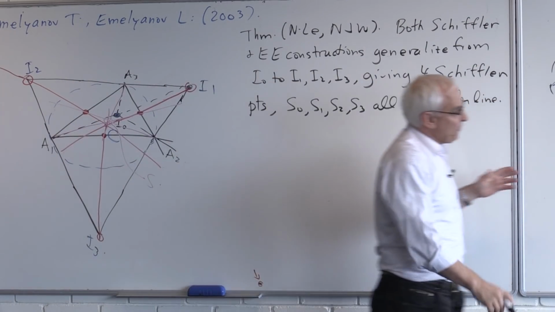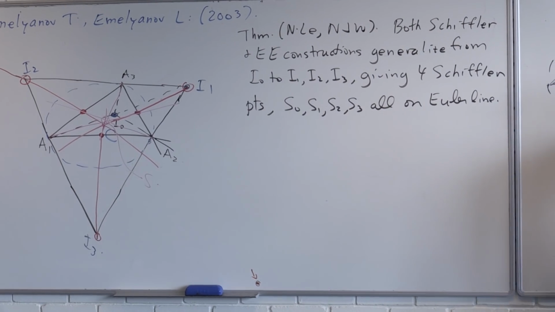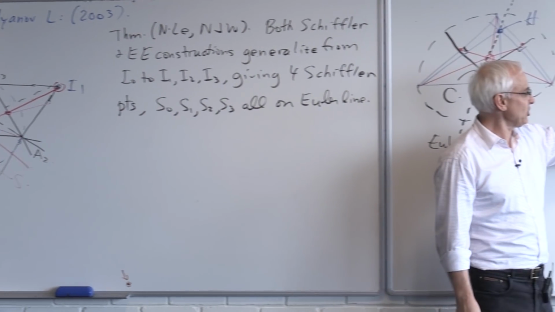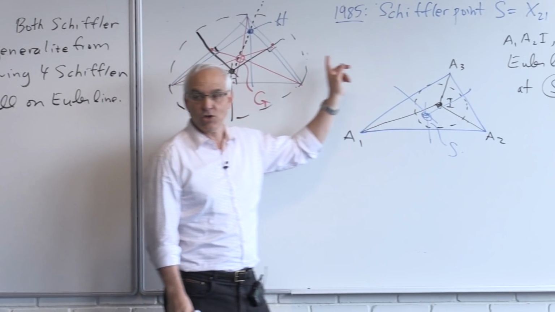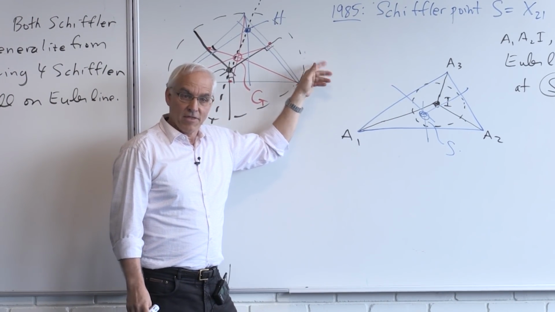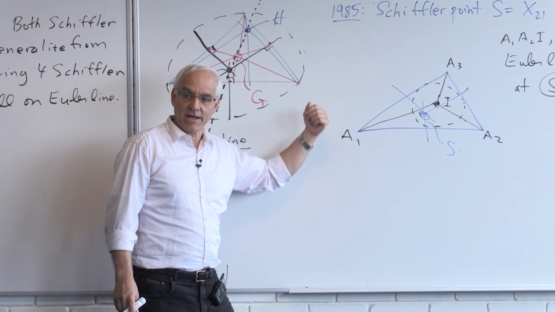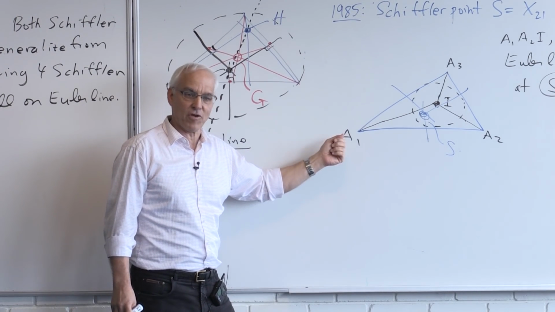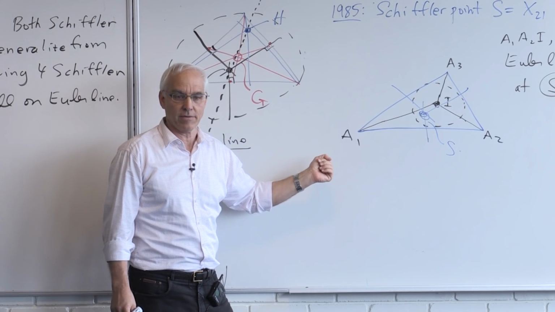So for example, if we had just done the original Schiffler construction, but we hadn't used the original incenter, but we had used one of the other incenters, then the 3 Euler lines would still meet at a point. That would be another Schiffler point, and it would still lie on the Euler line.